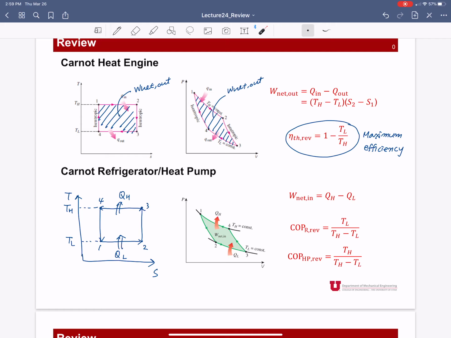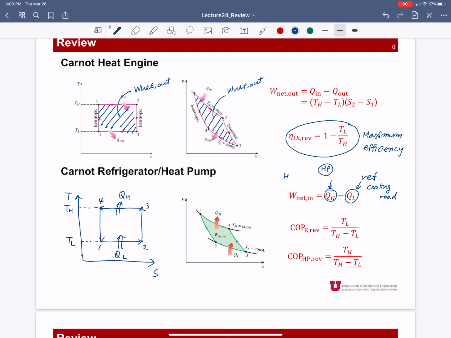Many times this equation can be used to calculate QL for the refrigerator. That is the cooling load, the heat transfer we can take out from the space that needs to be cooled. Or we focus on this QH for the heat pump, that is the heating load.